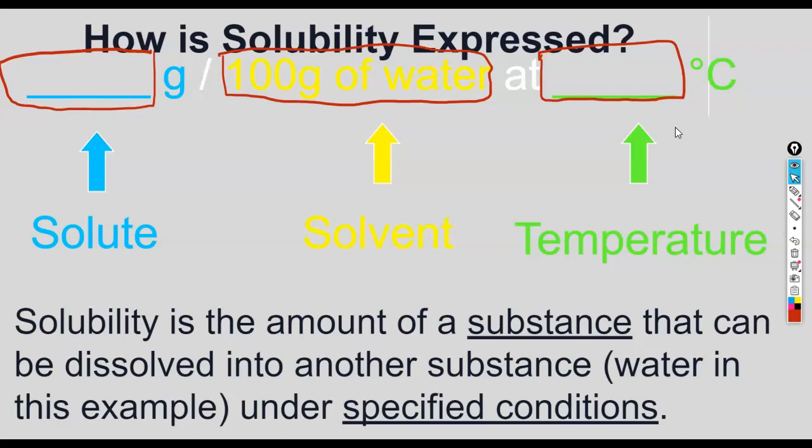Okay, so hot chocolate dissolving into milk would be an example of a solution. In that case, the hot chocolate powder would be the solute, and the milk would be the solvent. But we'll come back and talk more about that later.